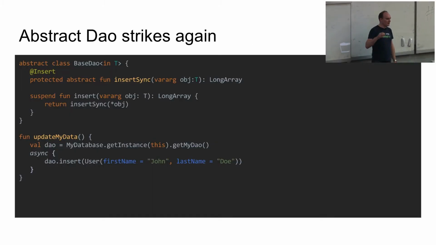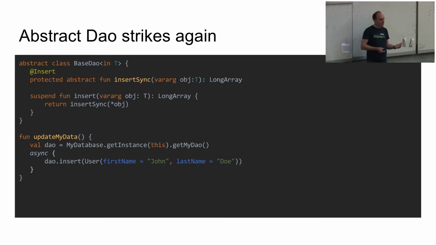One approach that you can take for doing this async stuff is, again, you can use an abstract base data access object. This is not the full base class, of course, but it's just a generic class where we have a function to insert some objects. I made the synchronous one, which would run on the main thread, protected, so nobody can call it, basically. Then I called that same function in a Kotlin coroutine.